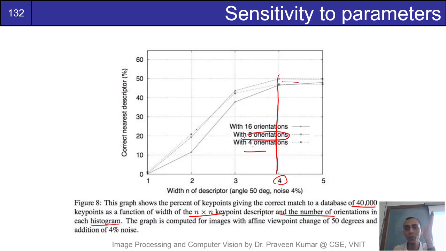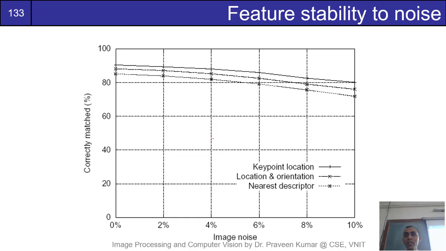So they basically use a 4 by 4 patch. Similarly, this graph is showing the stability with respect to noise. And you can say even with up to 8 to 10% of noise addition, the features are almost stable. The percentage of correct matches does not degrade so much. It's almost similar.